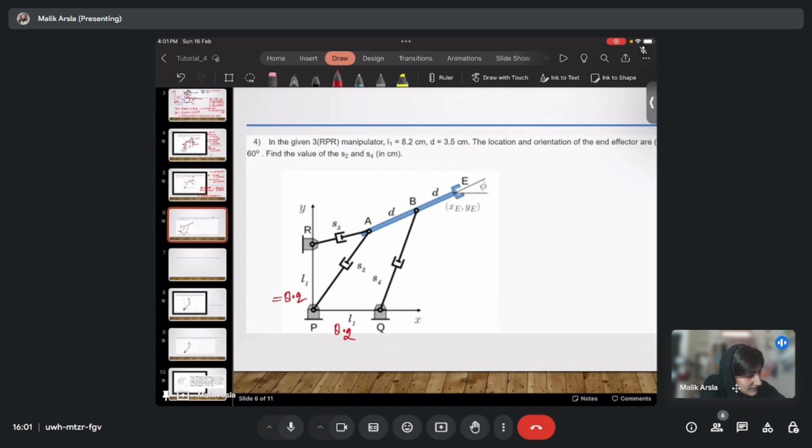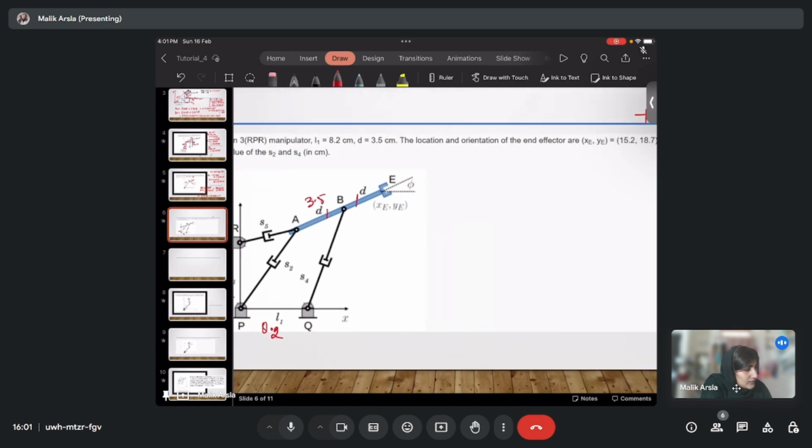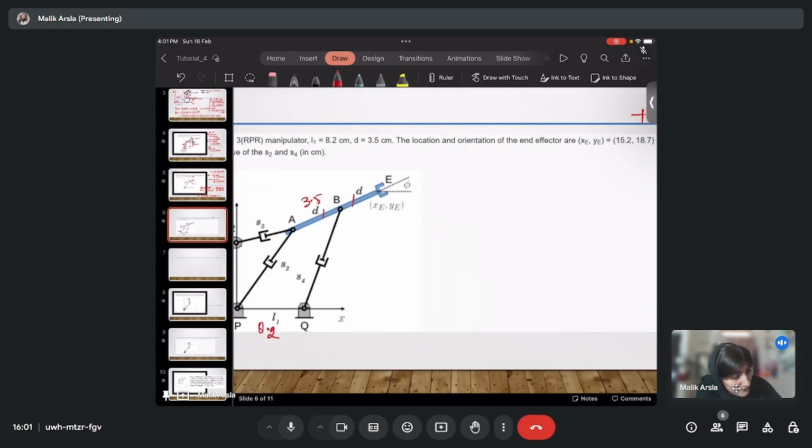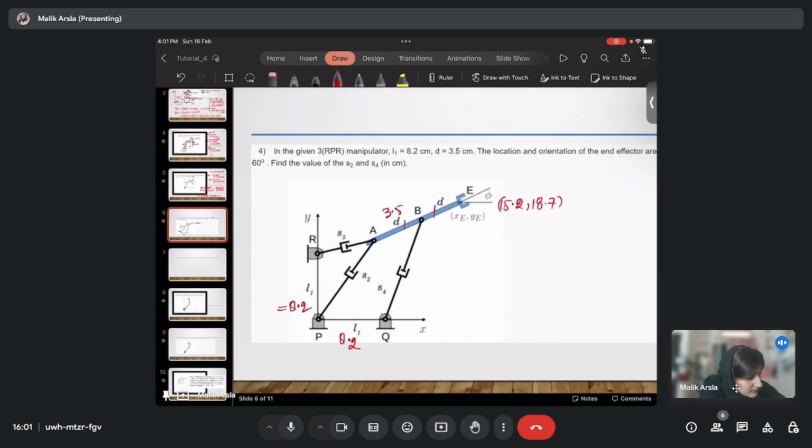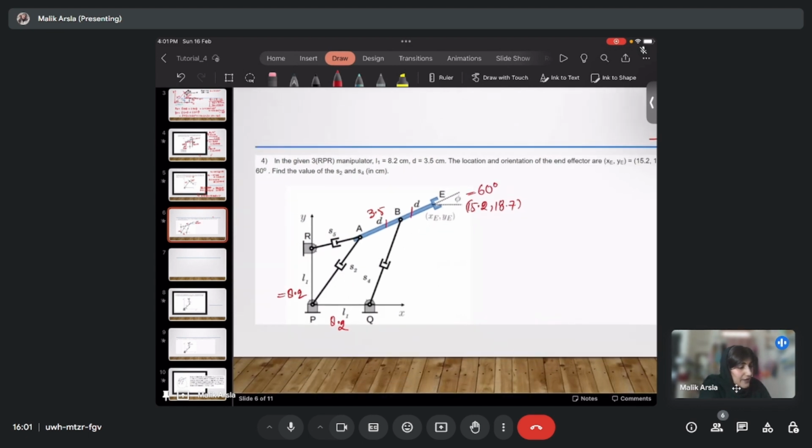Then this D has been given as 3.5. The location of the end effector is also given, 15.2 comma 18.7. The phi is also given, which is equal to 60 degrees. Now we need to find S2 and S4.